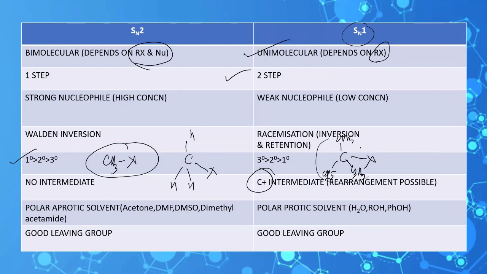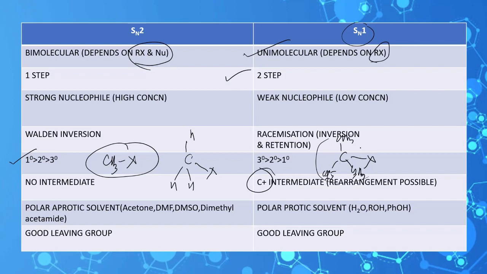It must be a very strong nucleophile, and the nucleophile should not be bulky, right? That's what you're saying, sir. And one more thing, it must be a very good leaving group. The order will be iodide greater than bromide greater than chloride. Yes, madam.